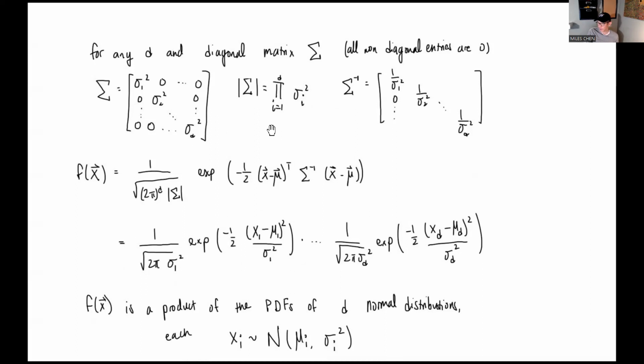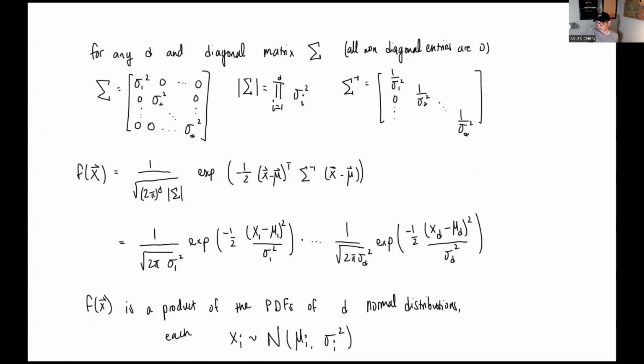If you have any kind of d-dimensional thing and it's just diagonals and all the non-diagonal entries are 0, then you can show that we can factor this into a product of univariate normal PDFs, okay?